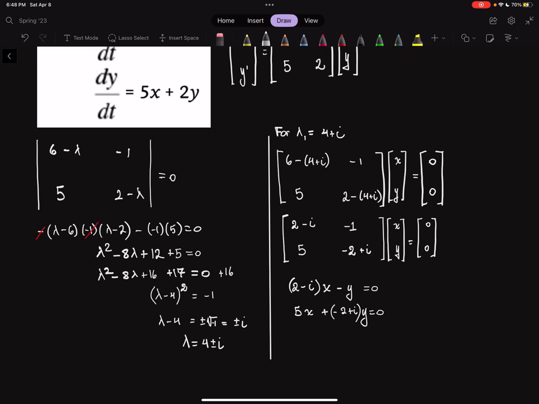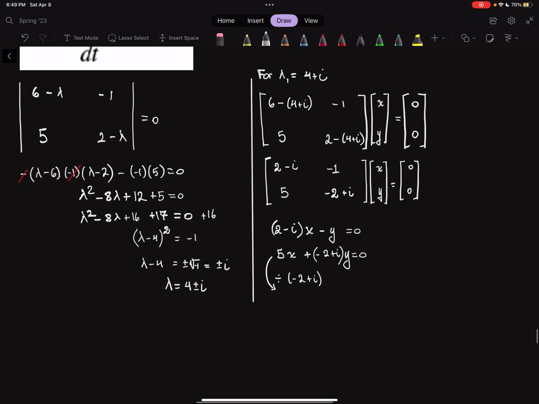All right, so let's say I want negative Y here. I'd have to divide by the negative of the coefficient of Y. So if I divide everything here by negative 2 plus i, I get 5 divided by negative 2 plus i, and actually I have to divide by the negative of that.